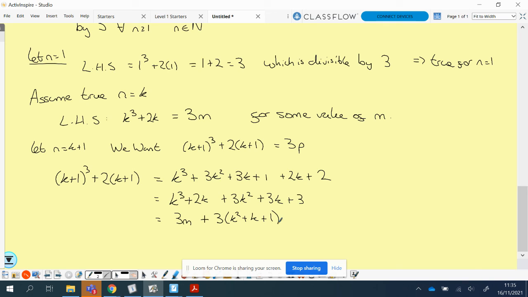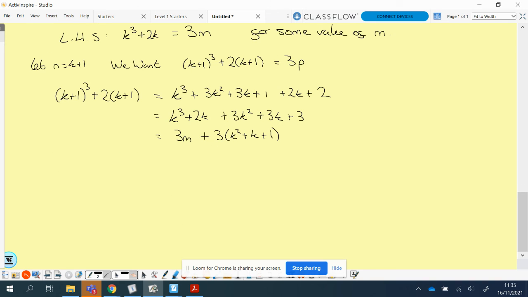So I'm just doing a common factor of the last 3 terms, and if I take my common factor of 3 out of both things, I've got 3 lots of m plus k squared plus k plus 1.